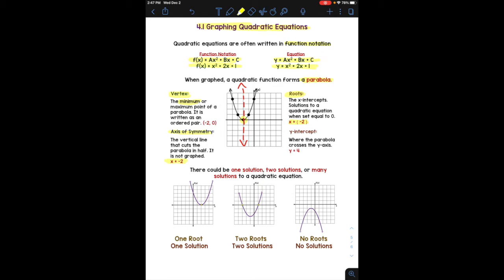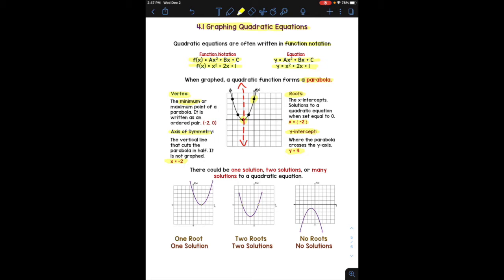In a second, we're going to discuss how a parabola could have either 1, 2, or no roots at all. The last term we're going to discuss is the y-intercept, which we should be familiar with from last chapter. That's where the parabola is going to cross the y-axis. In this case, the parabola crosses the y-axis at the value 4, so we would describe the y-intercept as y equals 4.